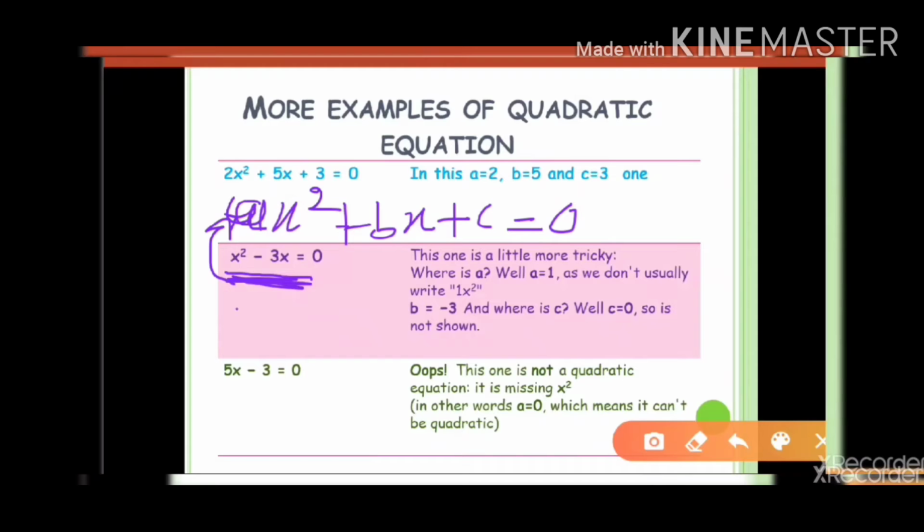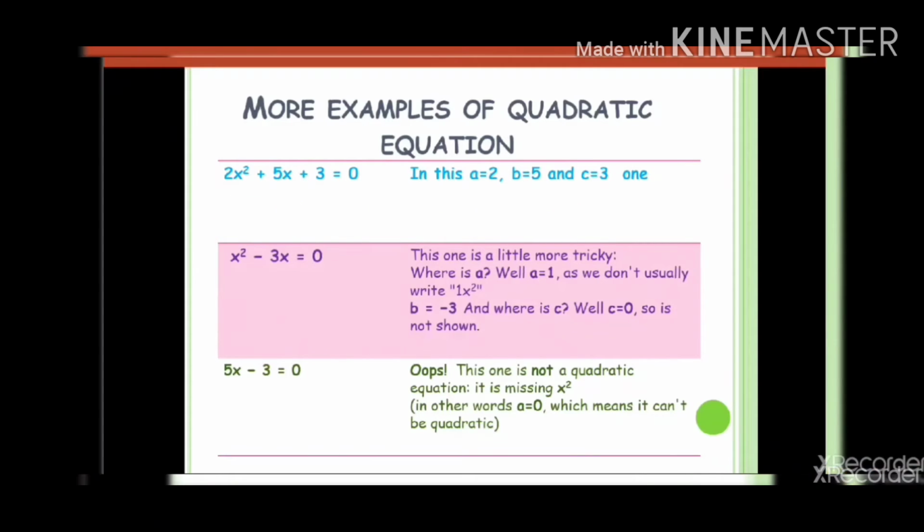We can write x squared as 1 multiplied by x squared. Therefore, the coefficient of x squared, that is a, equal to 1, and b equal to minus 3. Where is c? So we can say c equal to 0.